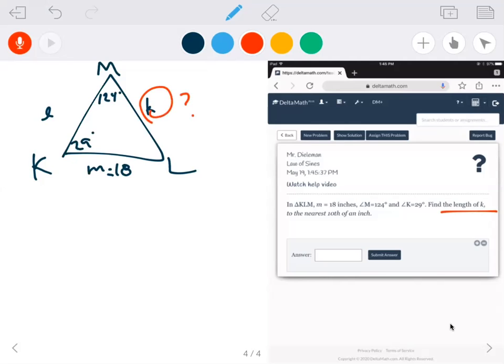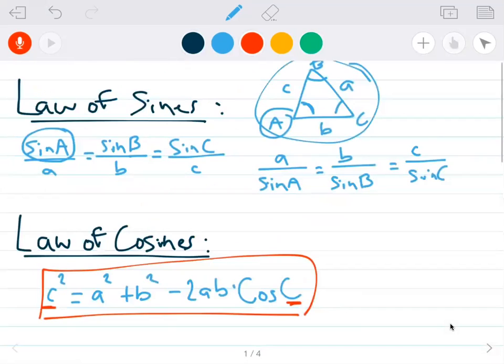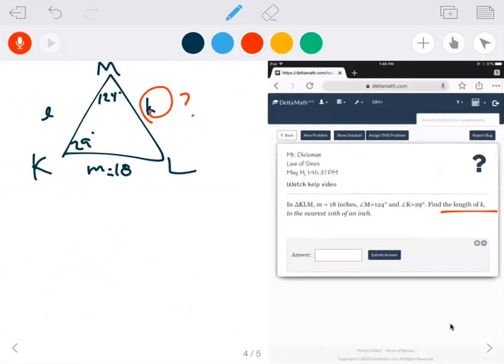What did I tell you on the first page with the law of cosines? If I'm trying to find an angle, I should put the angle at the top of the fraction to start my formula. Or if I'm trying to find a side, I should put it at the top of my fraction. So let's do that. So K. Well, what do I divide K by? I should divide it by the sine of the angle that's across from it, which would be the 29 degrees.